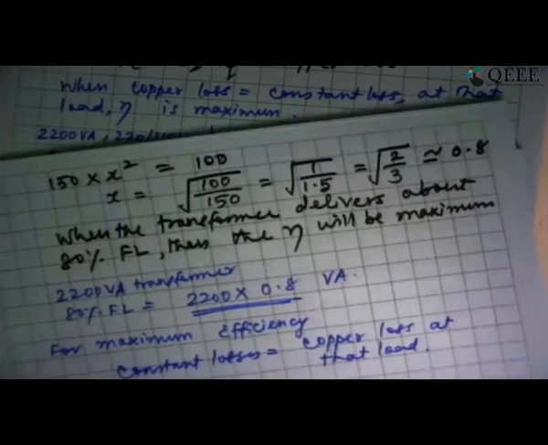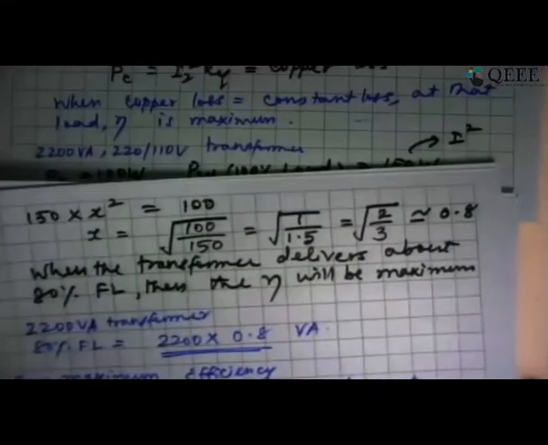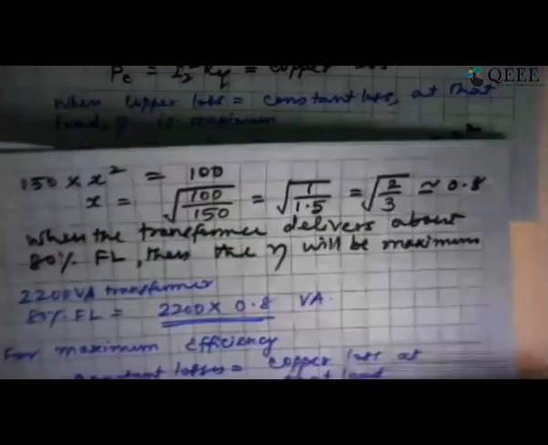So this is the condition for maximum efficiency. Now that we have seen the constant loss, copper loss and so on, the second performance index is voltage regulation. Let us try to look at that as well.